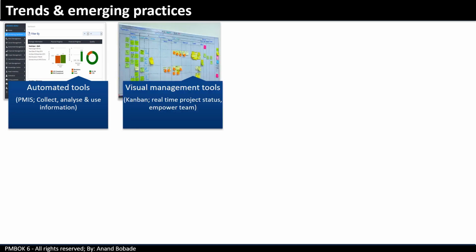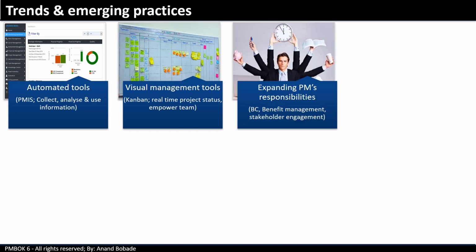With new generation projects and fast technological changes, collaboration is key to success. Project management is using visual management tools, for example, the Kanban board. This Kanban board provides real-time project status and hence empowers the project team.